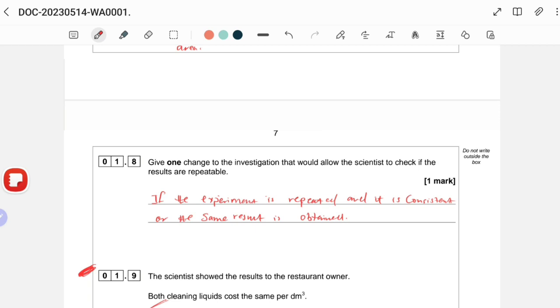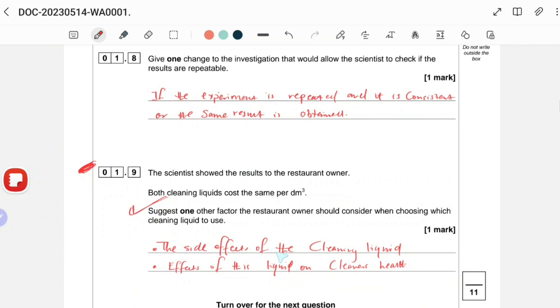If the side effect is more than the advantage, it's better he goes with liquid A, so that it's not going to claim people's lives. So he needs to look at the side effects of liquid B, or of the liquids generally, both of them, and also see if it has an effect on the cleaners' health. If they inhale it, we hope it's not going to give them lung cancer or anything with time. Those are the things you need to look at.